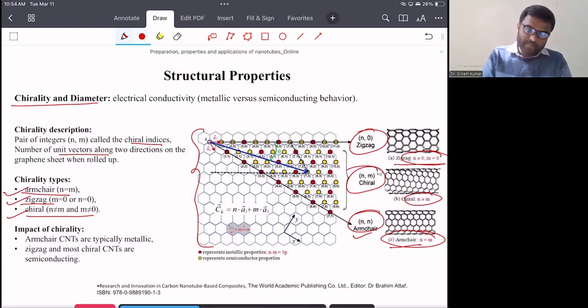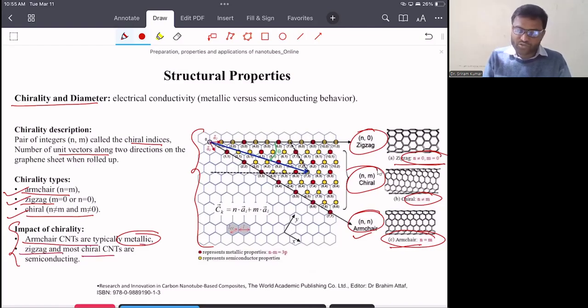And based on this chirality, we have different electrical properties of CNT. For example, armchair CNTs are metallic. So if you want to use metallic CNT, we always need to go for the armchair closing of the graphene, which is metallic in nature.